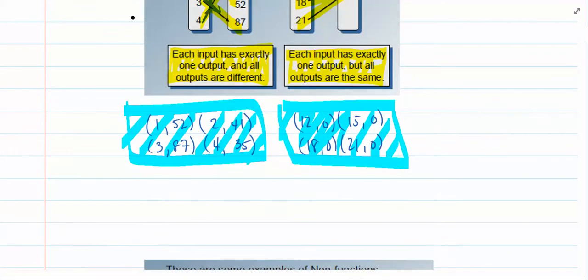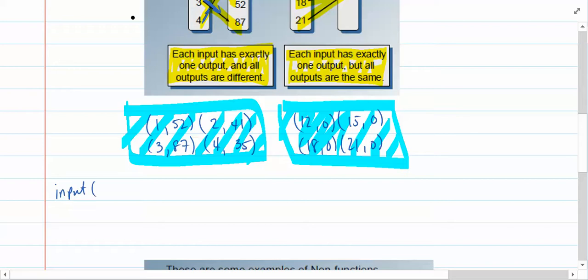One final way that we can show that two groups of numbers represent a function is by putting them into a table. And for this table, I might label it this way. I can write the word input, and I'll put parentheses in that, put x inside parentheses to remind us that the input is an x value. And I can create an output, label that as a y value.